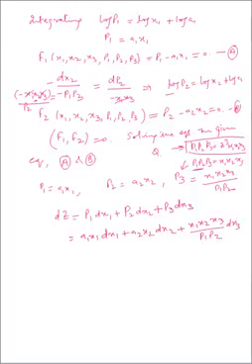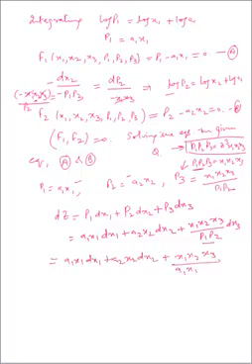Now we put values of P1 P2 from here, then this becomes A1 x1 dx1 plus A2 x2 dx2 plus x1 x2 x3 upon A1 x1 and A2 x2 and dx3. So x1 x2 are gone, x3 upon A1 A2 dx3. This is equal to dz.